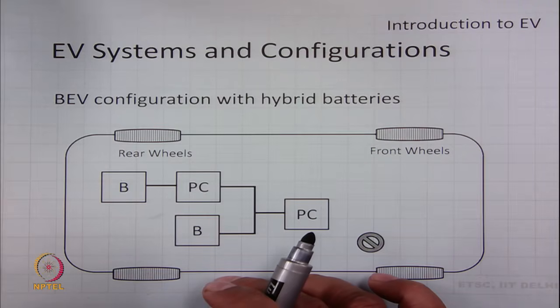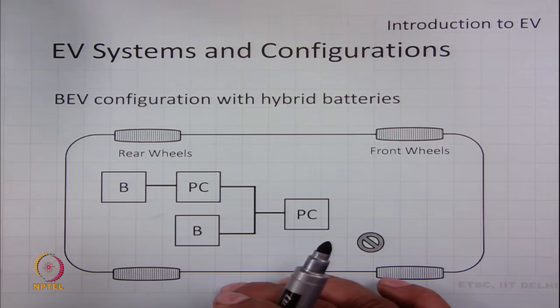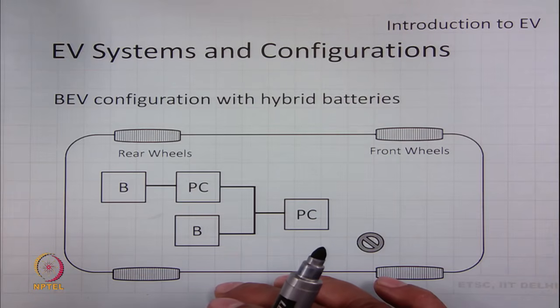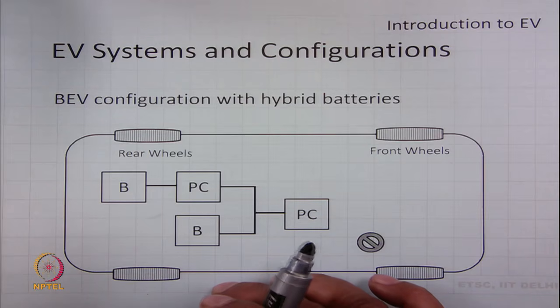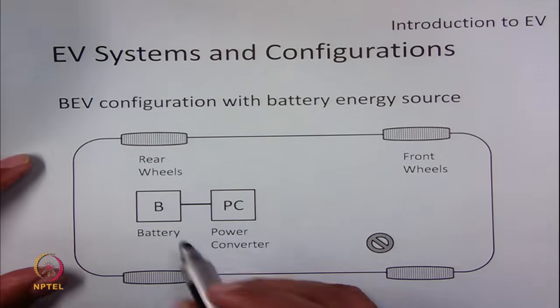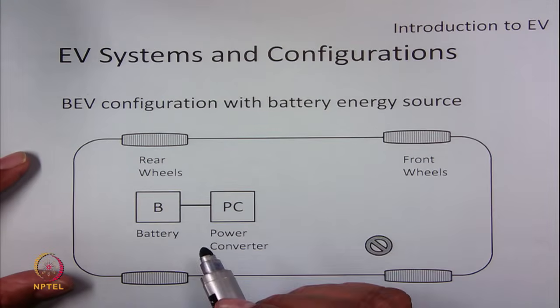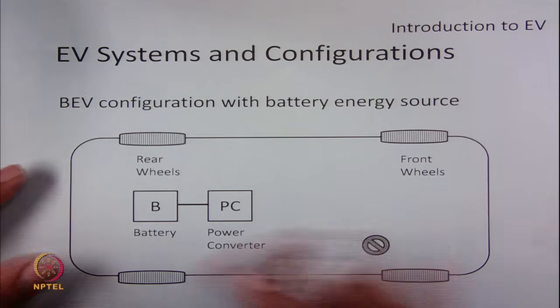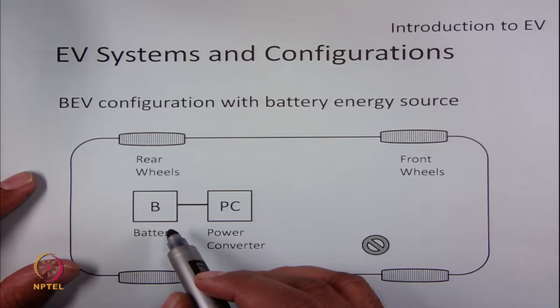but we all know that the requirements of the electric vehicle are such that it requires both high specific energy and high specific power. So, in the previous configuration, the battery has to take care of both these features. The design of the battery has to support both these operations, but normally it is very difficult to get both these requirements from a single battery type.